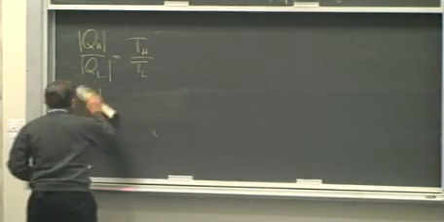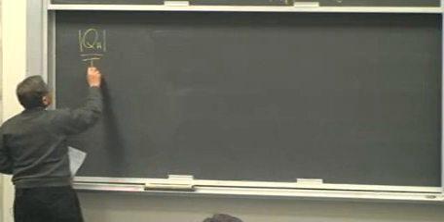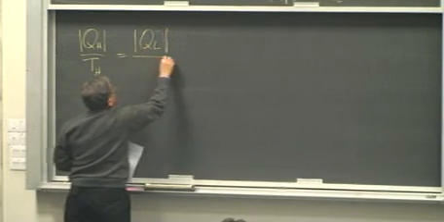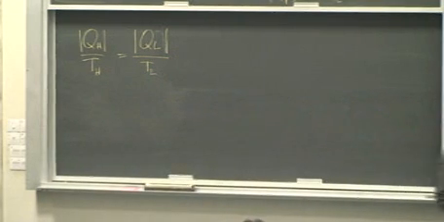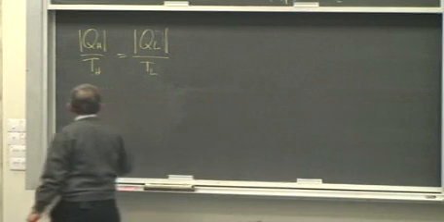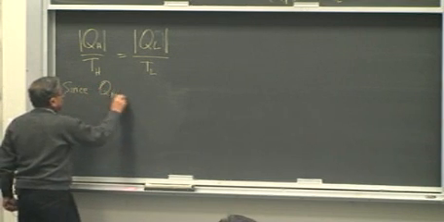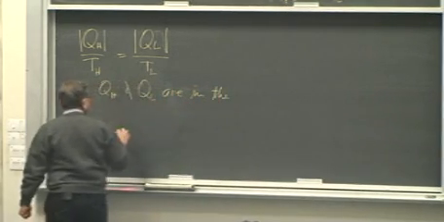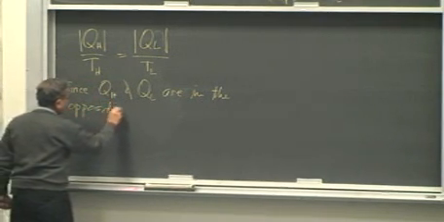In fact, this is what I should have done right over here. And since we know that QH and QL are always in the opposite direction, one is given to the system, the other one is taken out of the system.